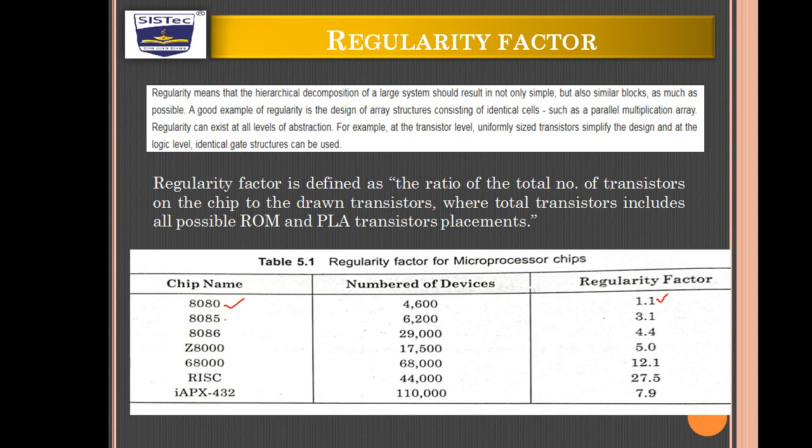In the 8085 microprocessor, you are familiar with it, the number of devices is 6200 and the regularity factor is 3.1, while the 8086 has 29,000 devices and a regularity factor of 4.4. The Z8000 has 17500 devices and a regularity factor of 5.0. RISC, you know, has 44,000 devices and a regularity factor of 27.5. So this is the regularity factor for different microprocessor chips.